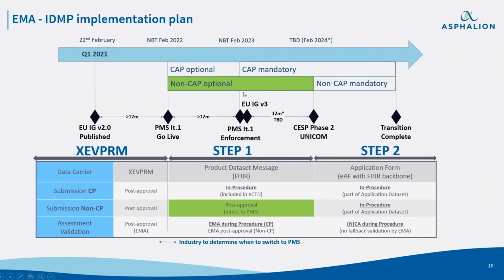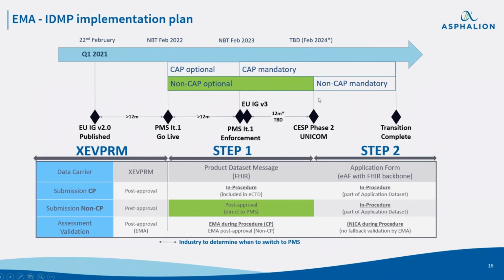This is supposed to be with the implementation of version 3 of the guidance, and what we have on dates at the moment, again, is that it will not be before February 2023. So this can all move depending on when this happens, and we're always moving in those not less than 12 months periods, let's say.